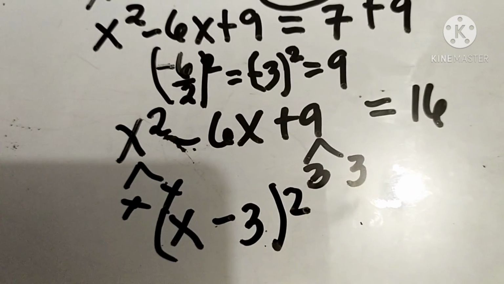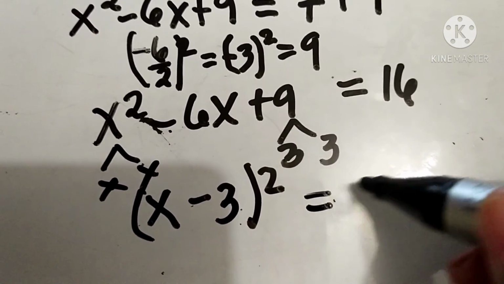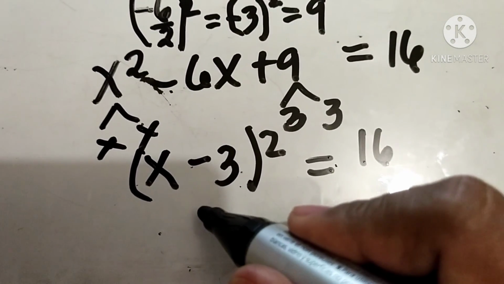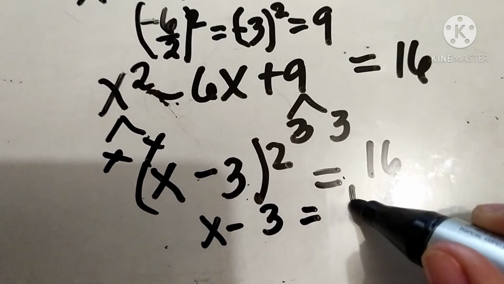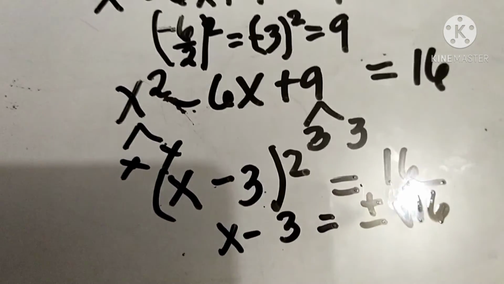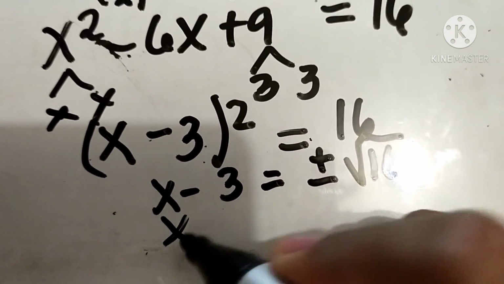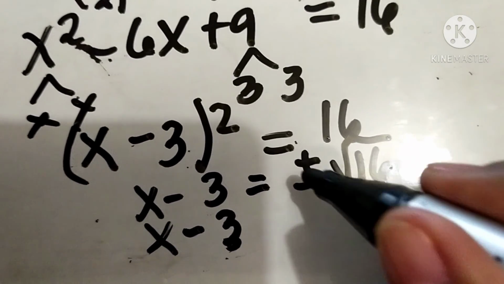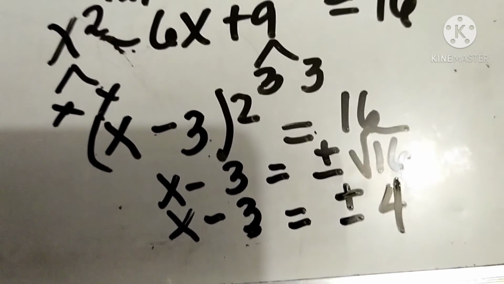Dalawang factor of that. Equal 16. Then, after that, square root mo lang. X minus 3 equal positive and negative the square root of 16. Ganyan lang. Next, kunin mo lang square root ng 16. X minus 3 equal positive and negative 4.